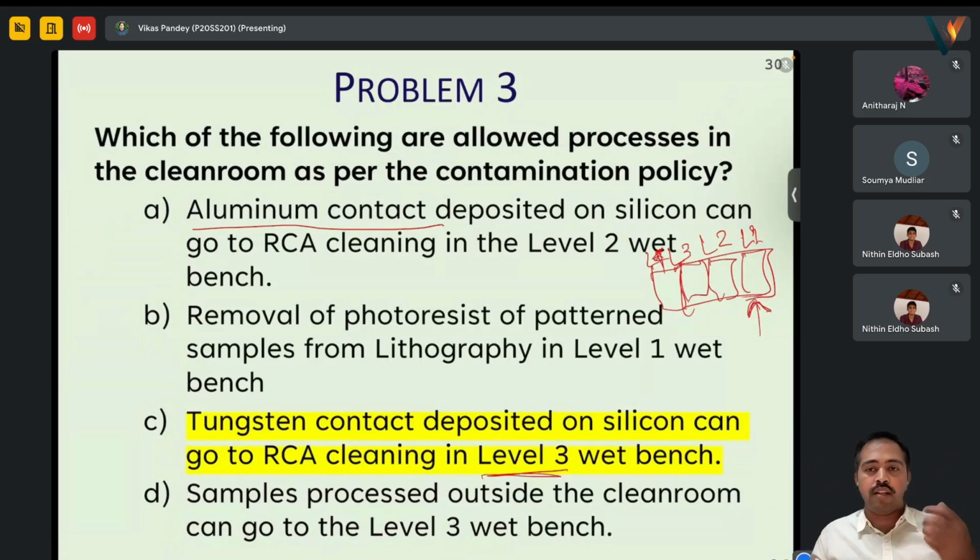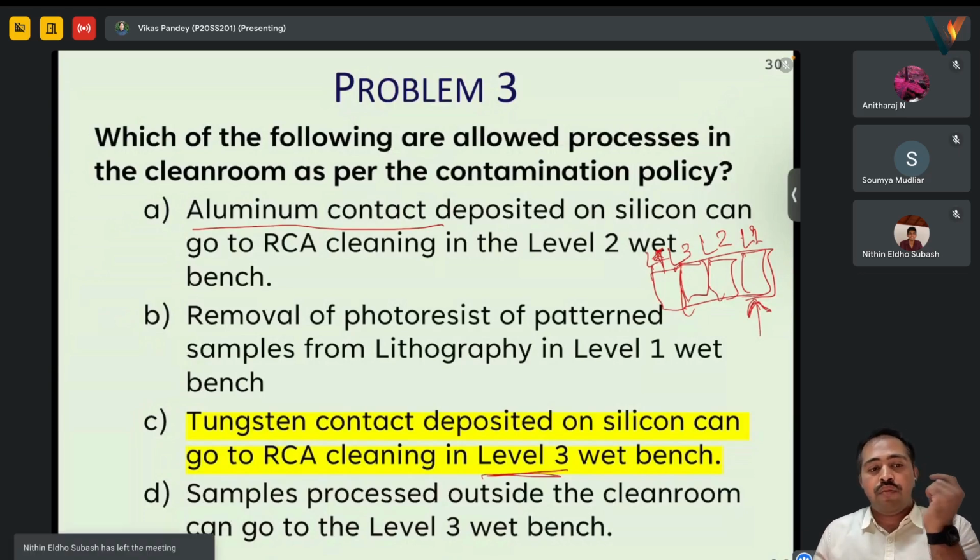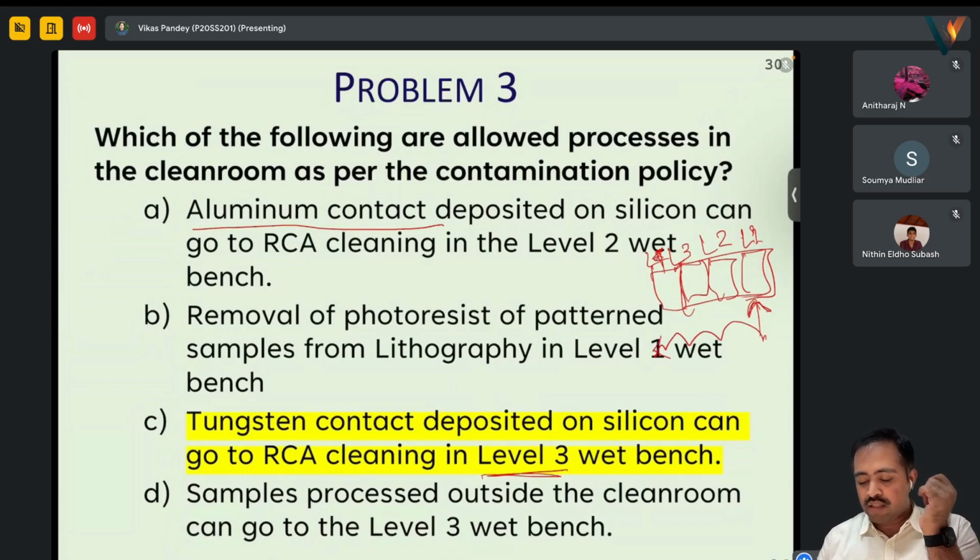To ensure this is not disturbed, from a very clean area you can take something out to a bit unclean area, but you cannot go in reverse. From an unclean area you cannot go directly to a cleaner area, because that will carry contaminants with it.